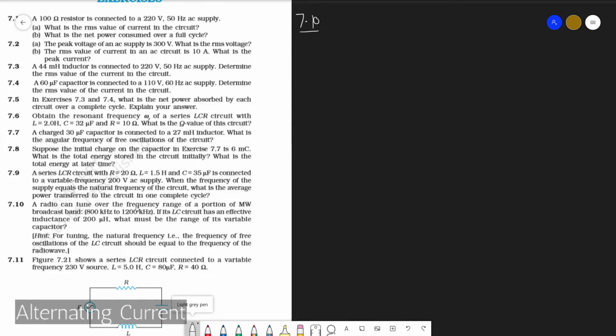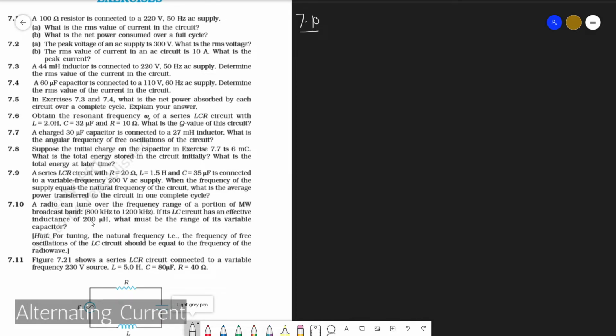A radio can tune over the frequency range of a portion of the megawatt broadcast band, 800 kilohertz to 1200 kilohertz. If the LC circuit has an effective inductance of 200 microhenry, what must be the range of its variable capacitor?